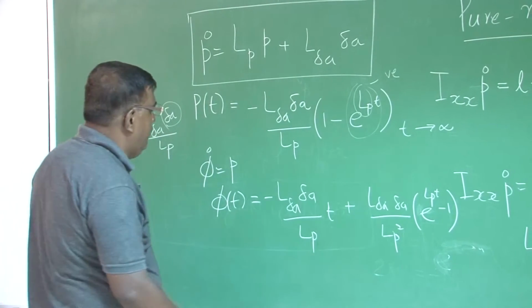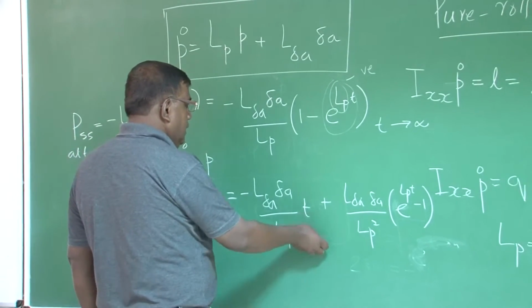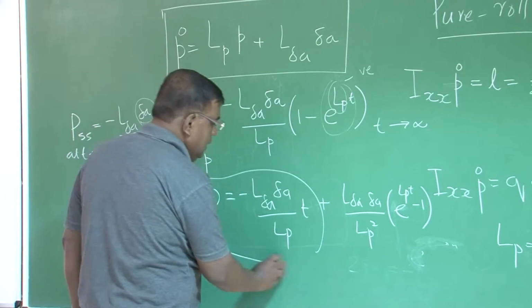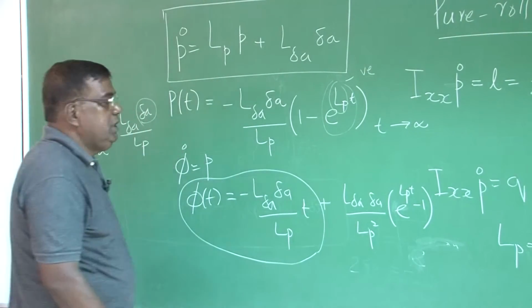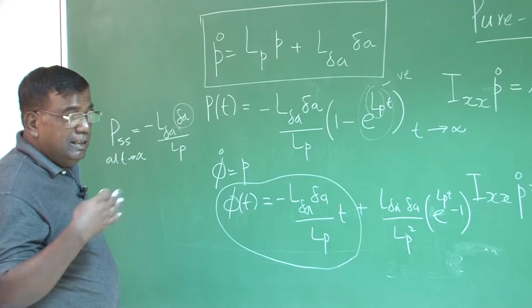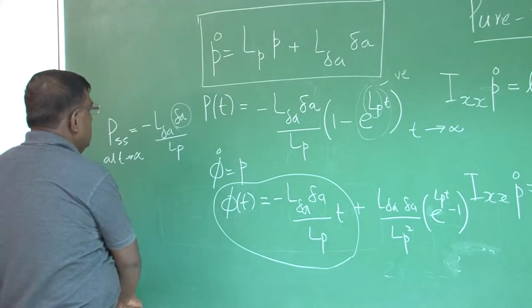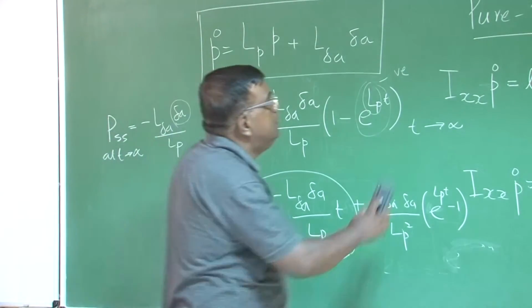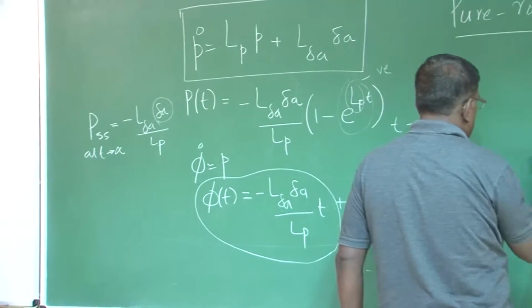And then phi also approaches a value which constantly increases with time as time increases. So if I try to plot it, how will it look?